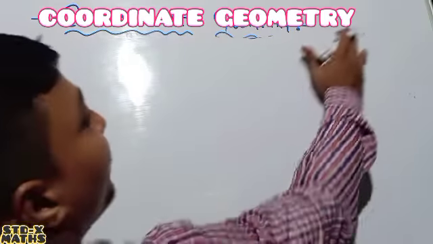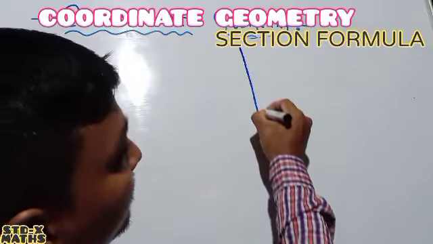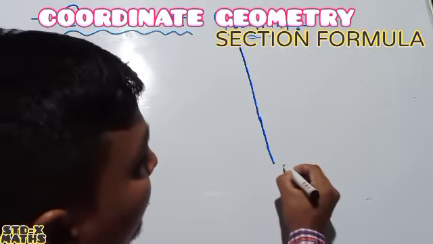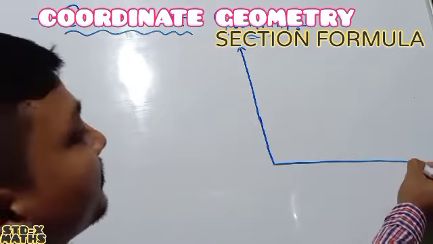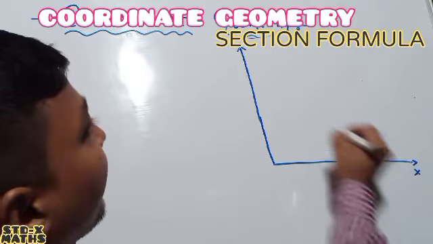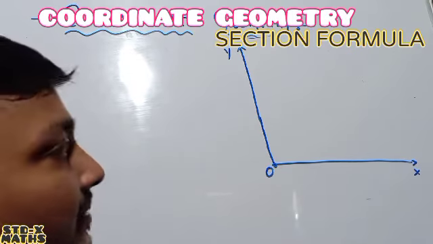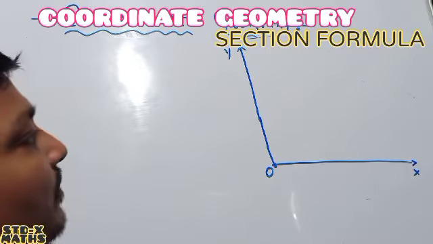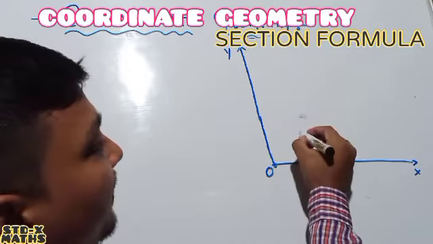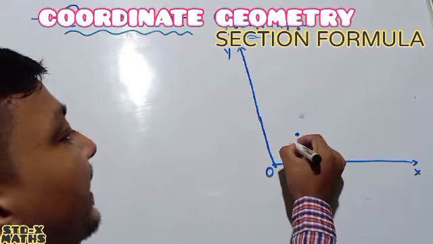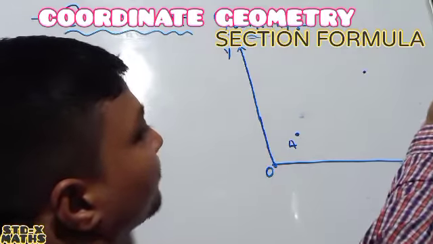See, our section formula says, this one is our x axis, this one is our y axis, this one is our origin. Suppose this is one of the given points, A, and here B is given.